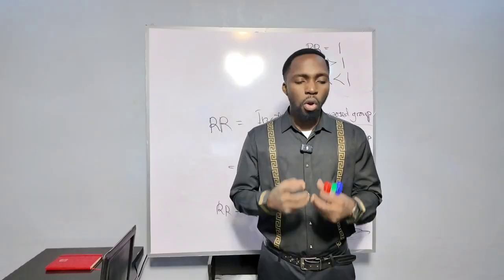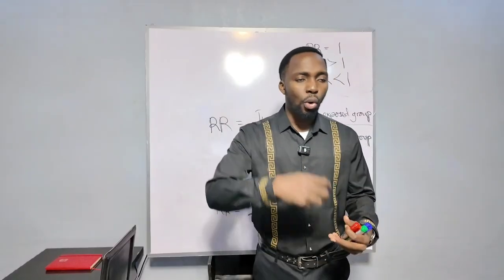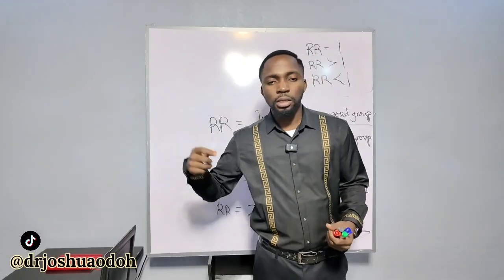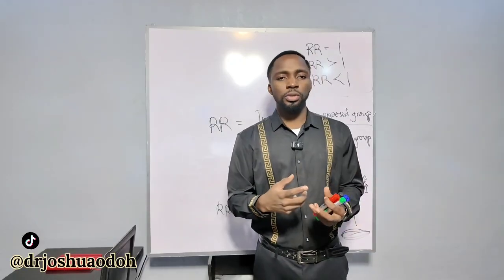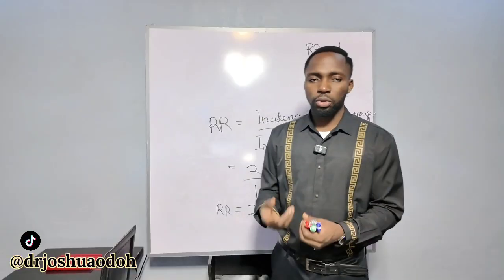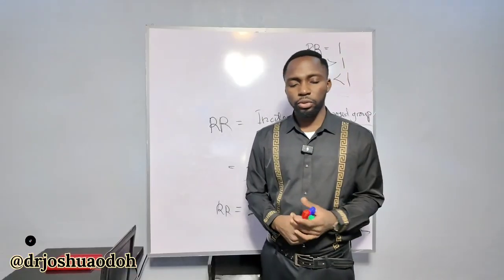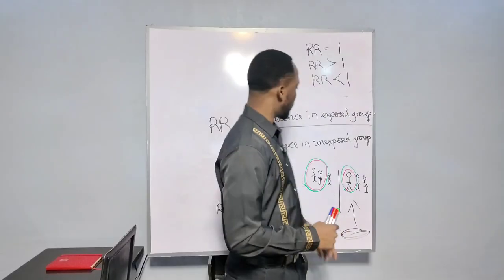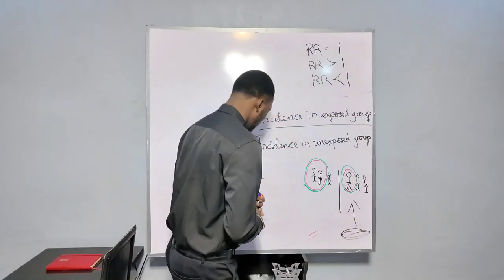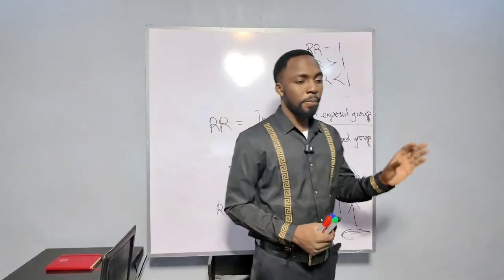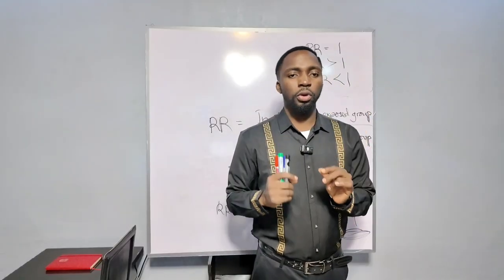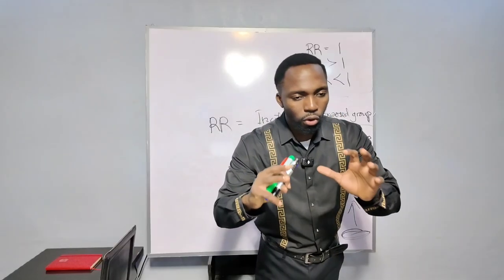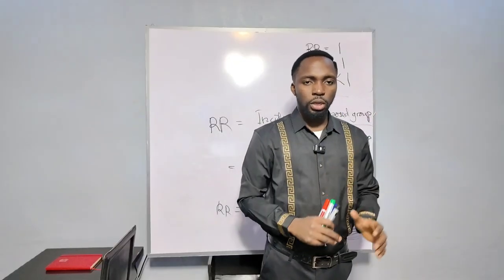So, odds ratio is equal to the odds of exposure in cases divided by the odds of exposure in controls. But we use it, like I said, in case control studies.